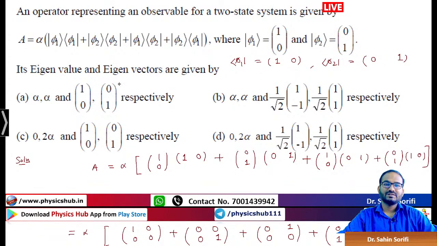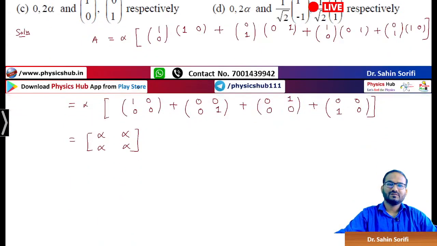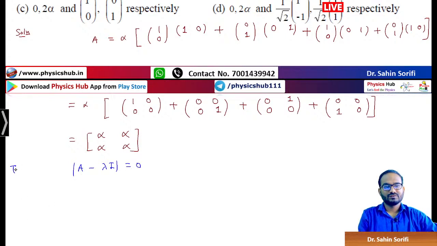You have to find its eigenvalues and eigenvectors. This process is very simple. Just calculate the eigenvalues and eigenvectors. So we need to formulate the characteristic equation, A minus lambda I equals 0, to get the eigenvalues.